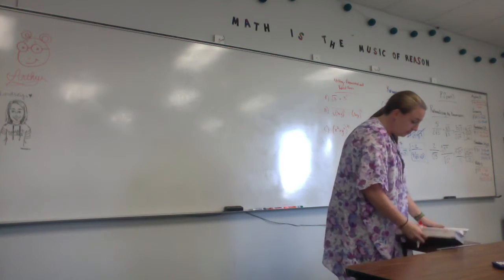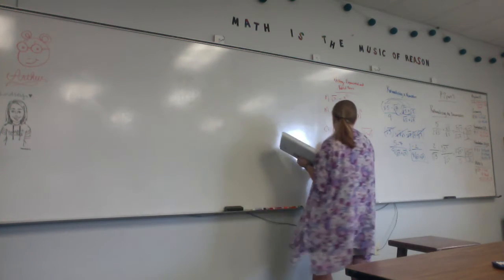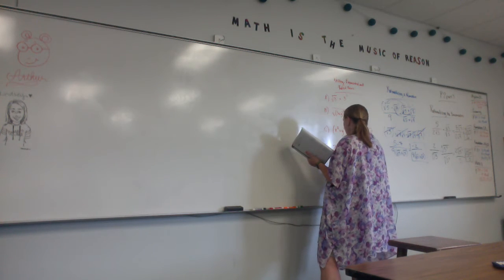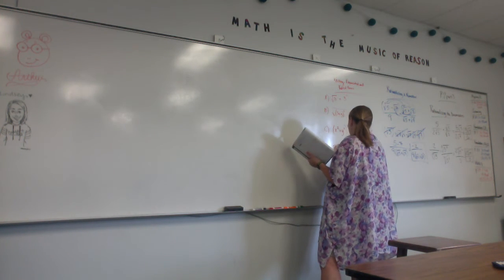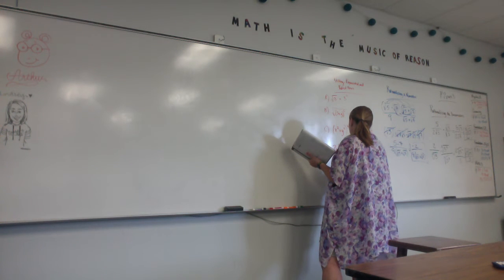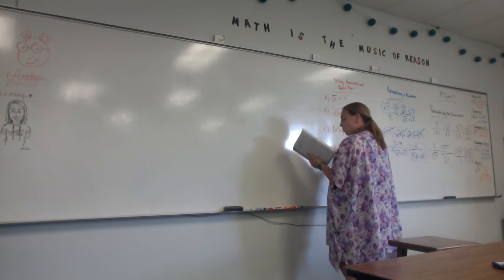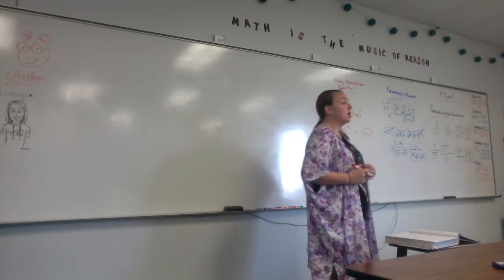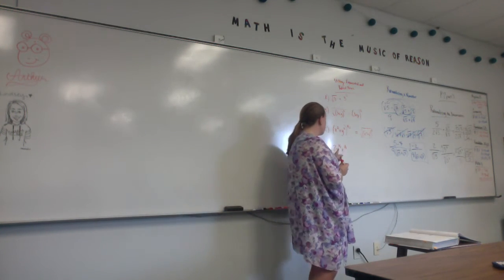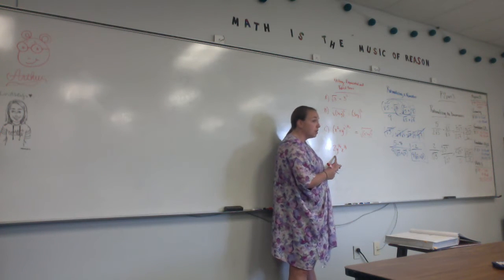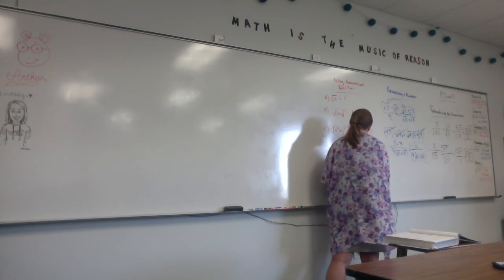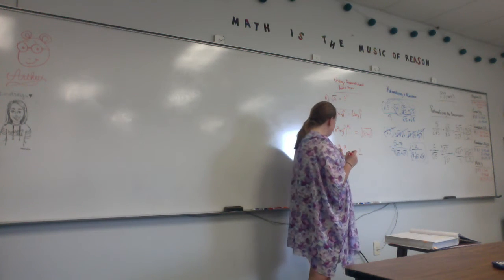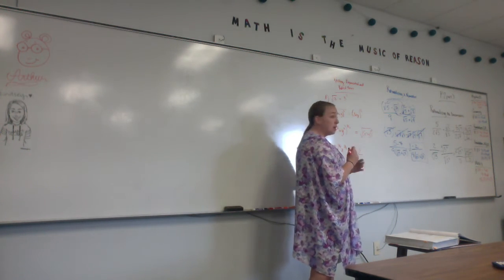Okay. How about this one? 2y to the 3/4, z to the 1/4. This one's a little bit trickier. Now, here's what you gotta look at. You gotta look at what these exponents are. Does the 2 have an exponent with it? No. So it stays on the outside of the radical. Do these fractional exponents have the same denominator?